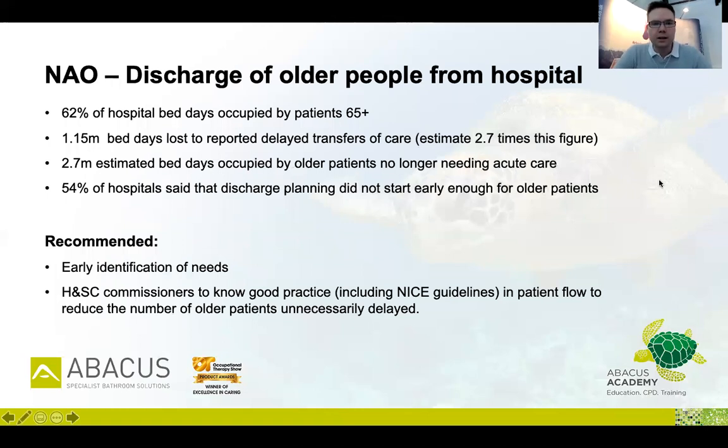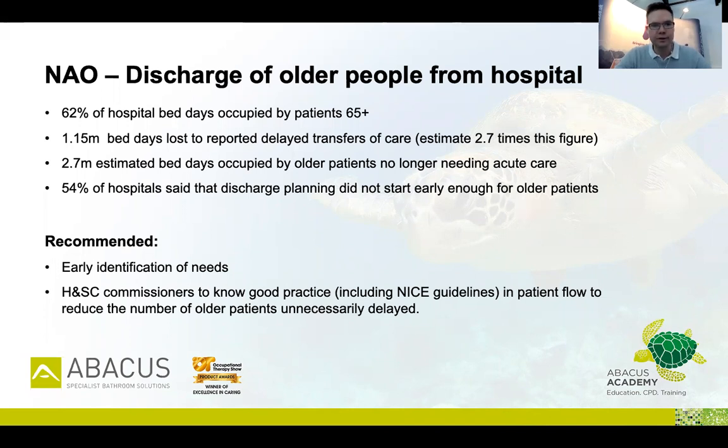So the NAO, the National Audit Office report on discharge of older people from hospital, is where some statistics were being developed around hospital discharge and updated. It says 62% of hospital bed days are occupied by patients aged 65 plus. It says 1.15 million bed days are lost to reported delayed transfers of care. The estimate is that actually that's 2.7 times higher than that, but that's based on data gathering from trusts.